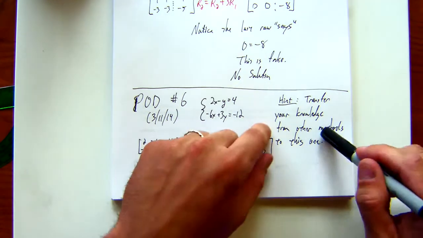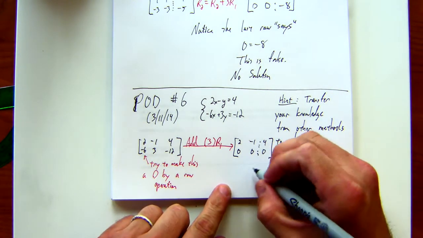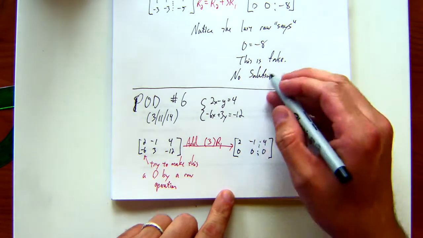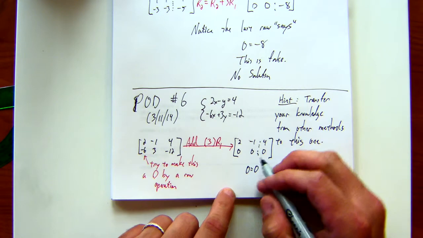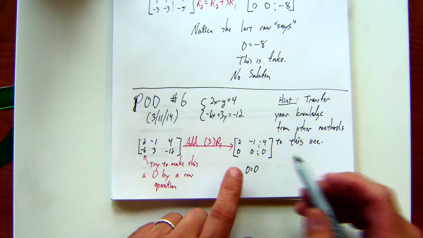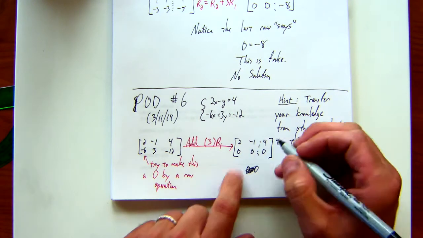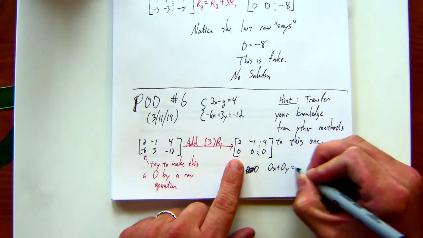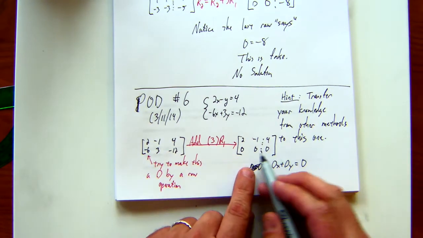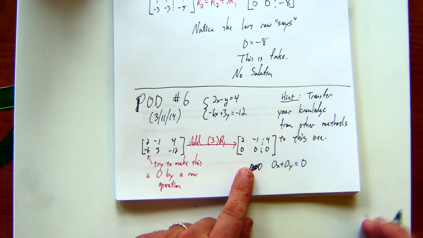Finally, look at your hint. What do you think this means? What does this statement say, this last row here? 0. No, not 0 equals 0 equals 0. But all this is actually, if you want to be a little bit careful, you can say that this is 0x plus 0y is equal to 0. Right? This is 0x plus 0y is equal to 0.